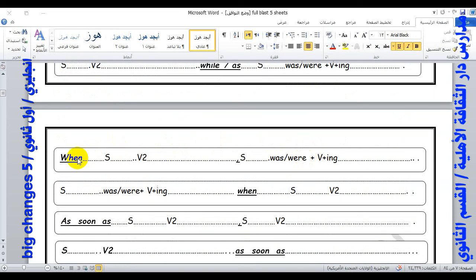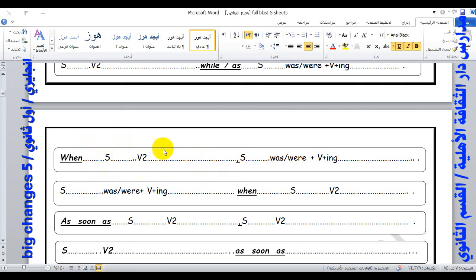When has a completely different rule. لا شكل مختلف تماما، عكس while تماما. When comes in the beginning of the sentence, it should be followed by the subject followed by a past verb.